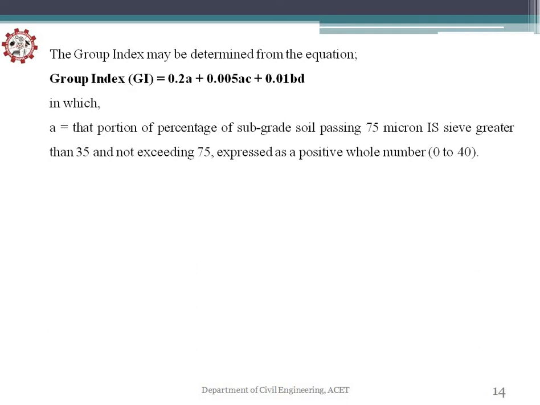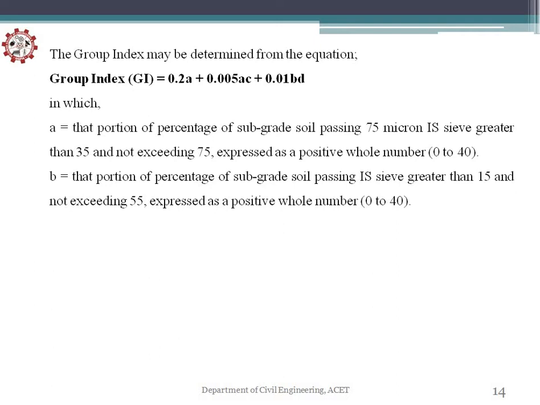See, some numericals are there in group index, so you have to take care that A, B, C, D should be known to you, and what values you are having for that should be known to you. Okay, so this is what is given.